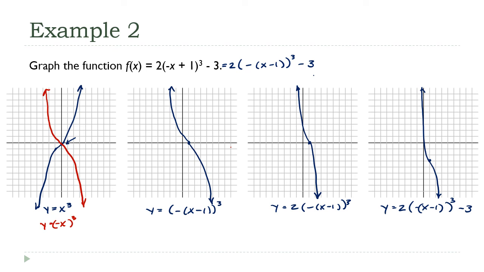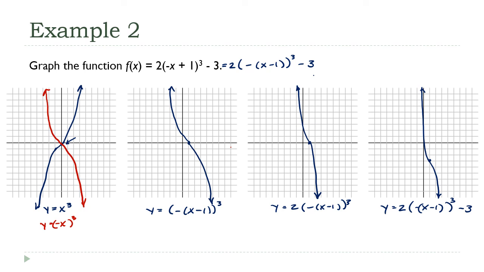Another rule of thumb to keep in mind is do reflections before translations. If you don't, the line you have to reflect over gets translated along with the rest of the graph.